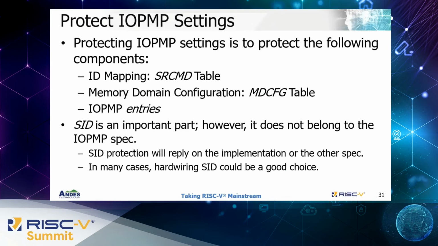The MD CFG table defines which IOPMP entry belongs to an MD. The relation should be able to be locked. An IOPMP entry contains a region and a permission. This content should also be able to be locked. We will not mention the SID protection subsequently.